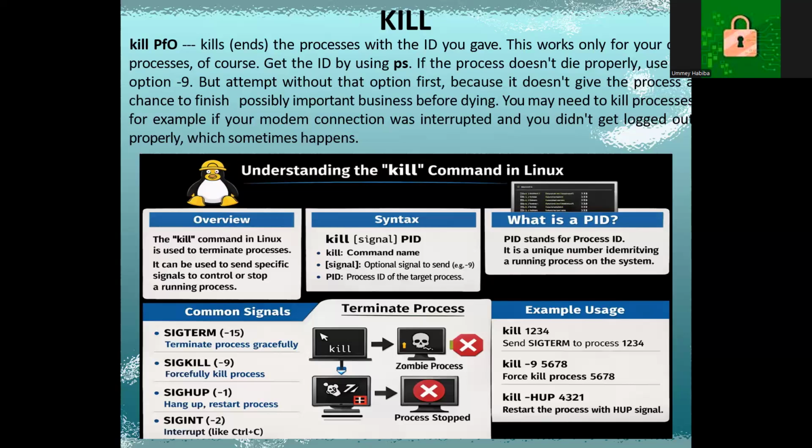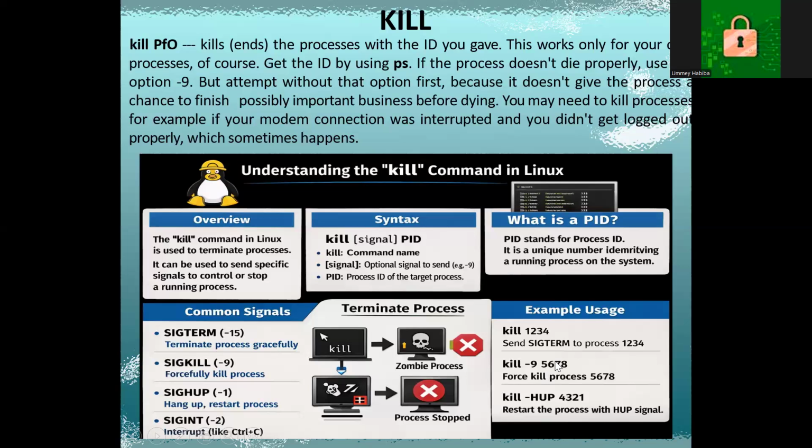Sometimes a process does not respond to the normal termination signal. In such situations, a forceful termination can be used with the command kill -9 followed by the process ID.